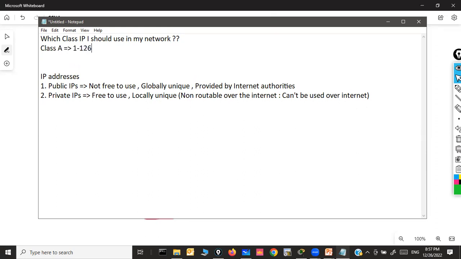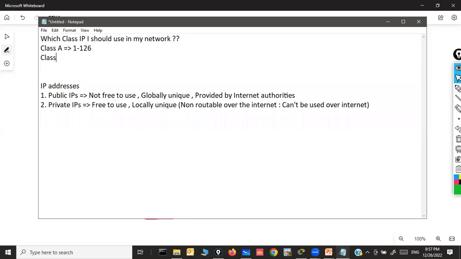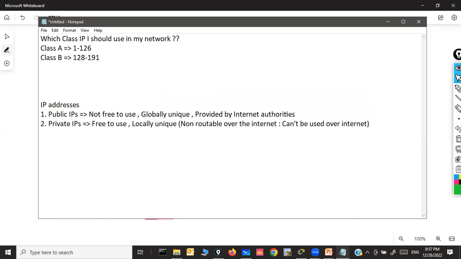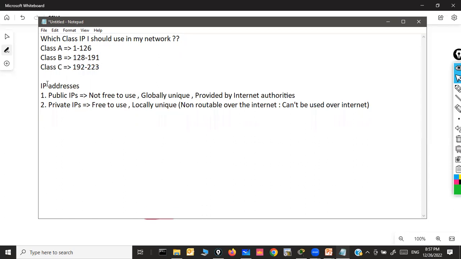Class B, 128 to 191. And then class C, up to 223. Three classes for unicast routing. All right. Now, let's assume that I decided to go with a class B address or a class C address.